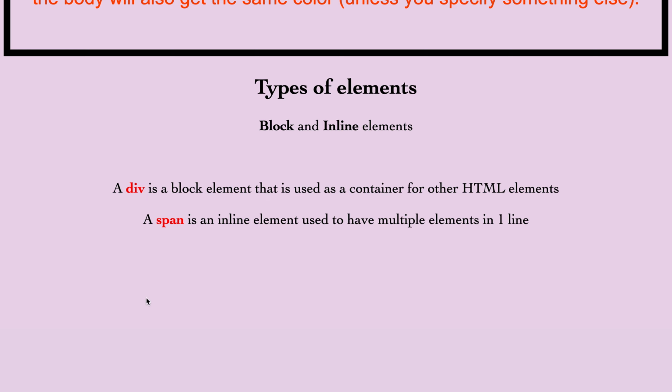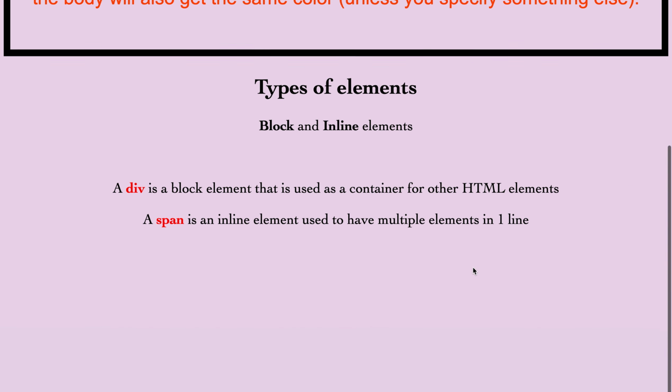It won't be separated into different lines, rather in just one line. So these are just two examples. They're quite common, but there are so many other different block and inline elements that you can use, and you can always refer to them on some website or Stack Overflow, for example.